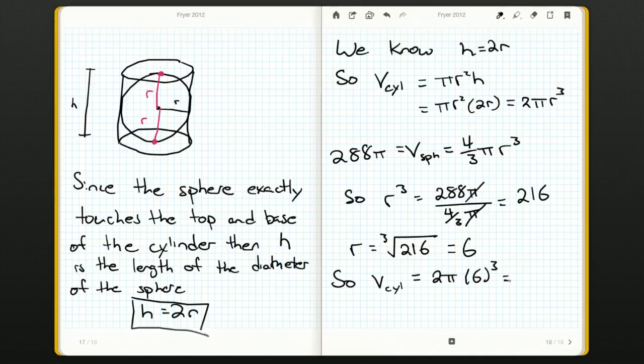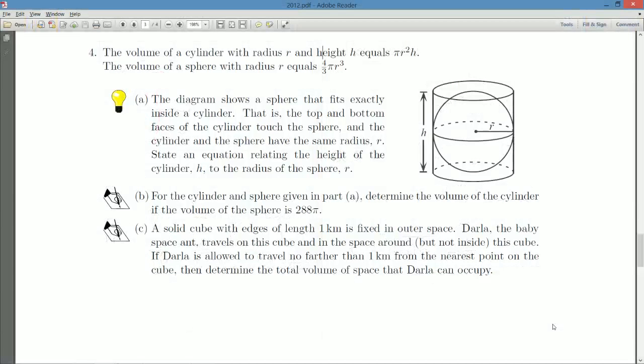So that's 216 times 2 pi, 432 pi. So the cylinder has volume 432 pi. There's our final answer, and we showed our working because this was a written style question.